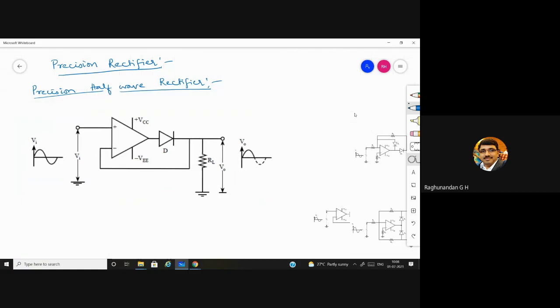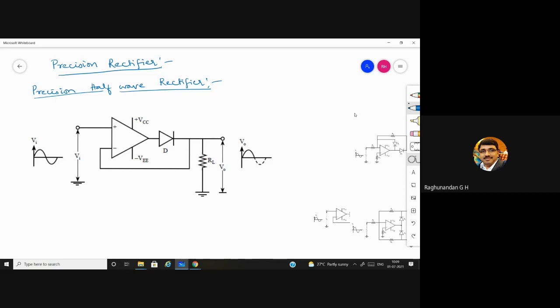Okay. So in the precision half wave rectifier, you can see that you are going to use an op-amp as usual, plus VCC minus VEE, and we are giving the input to the non-inverting terminal. So obviously the output will not be the inverted type of input. Output and input will have 0 degree phase difference, or we can say output and input will be in phase.